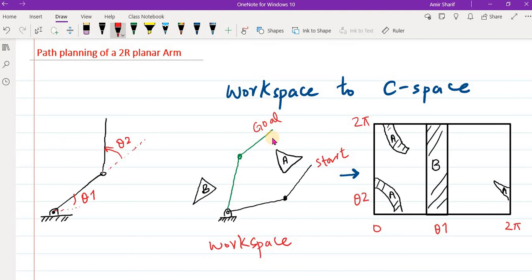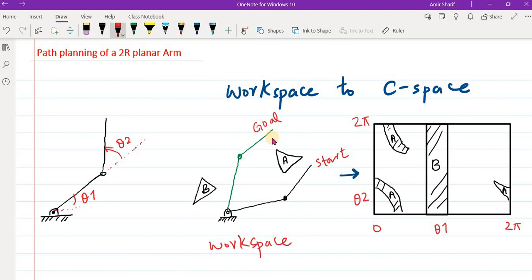So it means that when the angle is a little bit more than 90 degrees and less than 270 degrees, there is collision, and it's for all values of your theta 2. So for this value of theta 1, link 2 will be in collision for all values from 0 to 360. That's why we have drawn here a big obstacle in the C space.